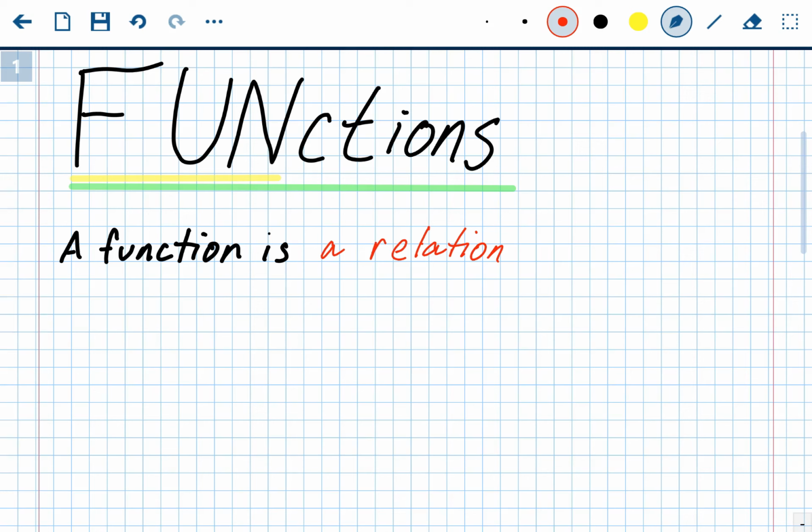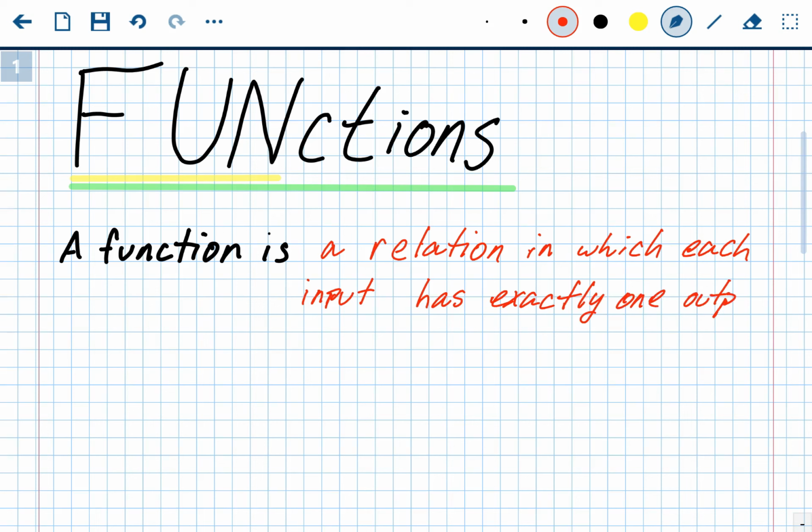It's a relation in which each input has exactly one output. A function is a relation in which each input has exactly one output.